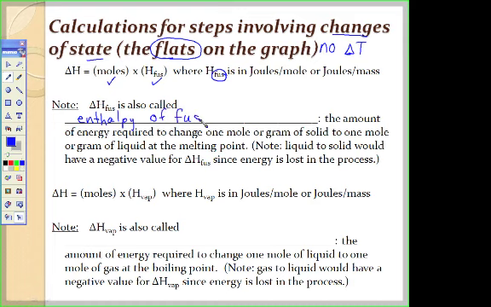This is the value we're going to use when we are melting an object, and it's going to be positive delta H of fusion because that's an endothermic process.